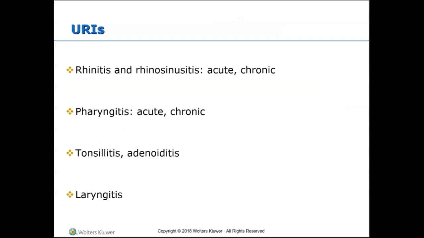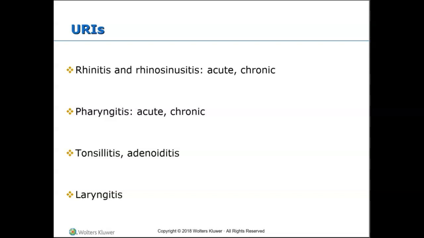Okay, rhinitis is a group of disorders that causes inflammation and irritation of the mucous membranes of the nose and contributes to sinus, ear, and sleep problems. Rhinitis can be acute or chronic and is caused by inhalants.